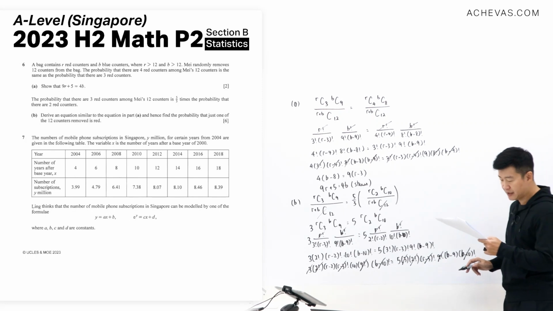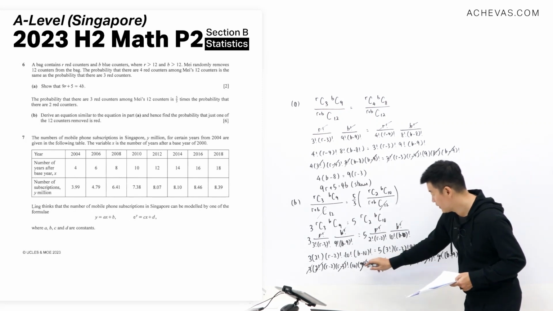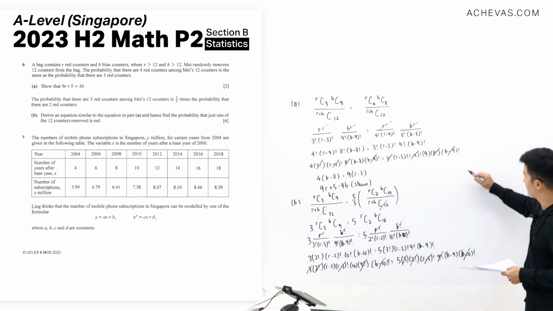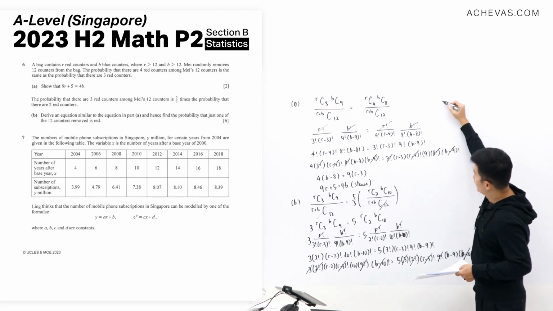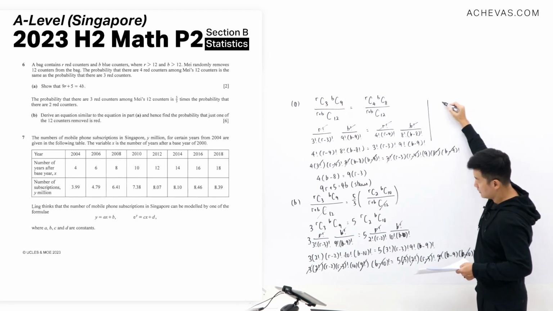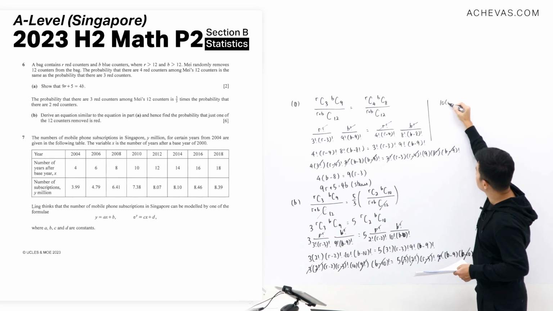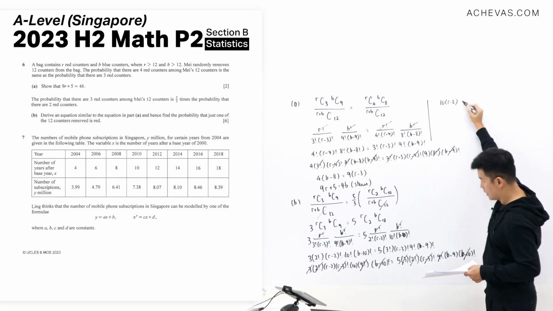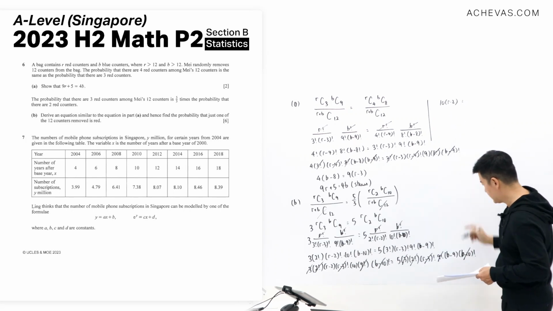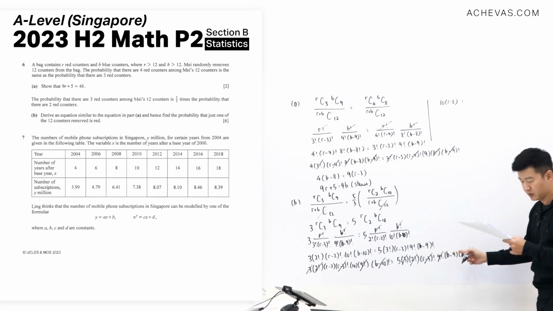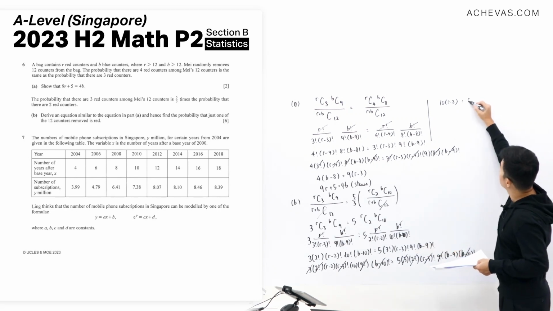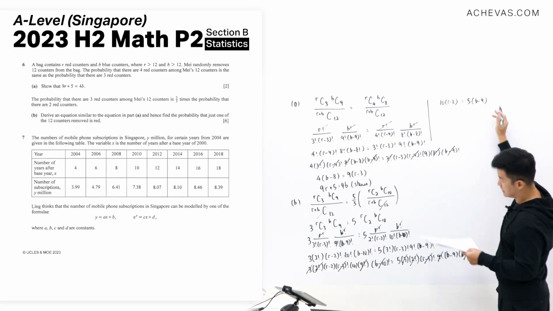Which means that on the left-hand side, we will have 10 multiplied by r minus 2. And on the right-hand side, we are going to be left with 5 multiplied by b minus 9. So 5 times b minus 9.